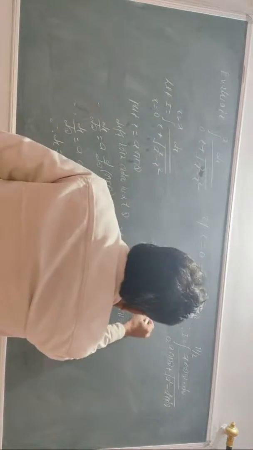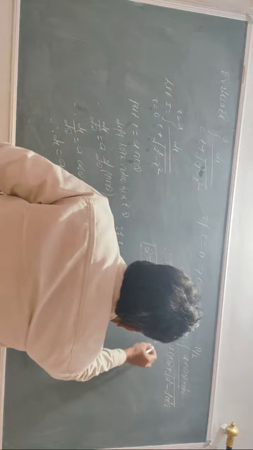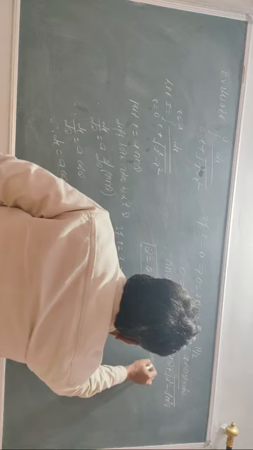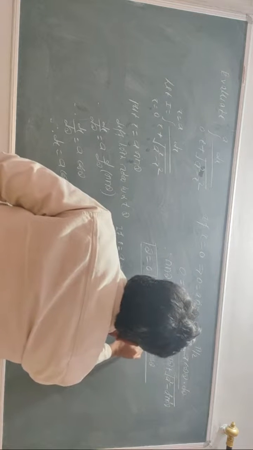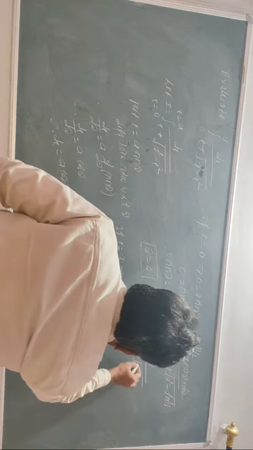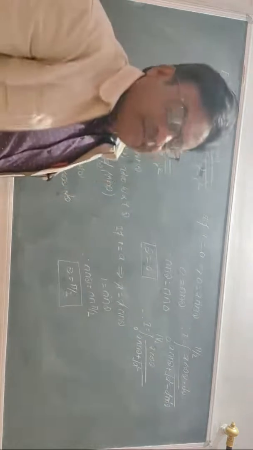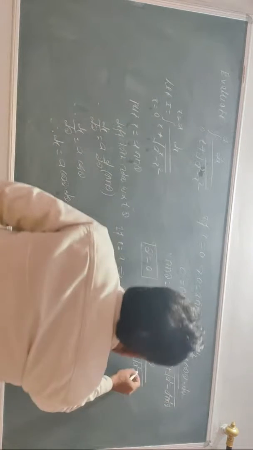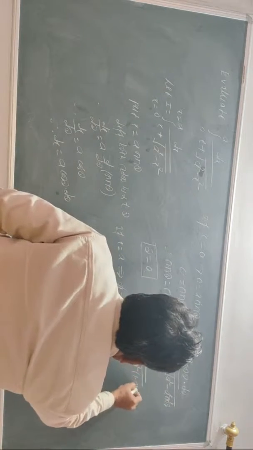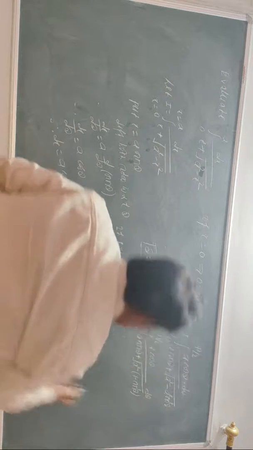Therefore I equals integration 0 to pi by 2 a cos theta upon a sine theta plus under root a square, taking a square common in the bracket, 1 minus sine square theta, d theta.